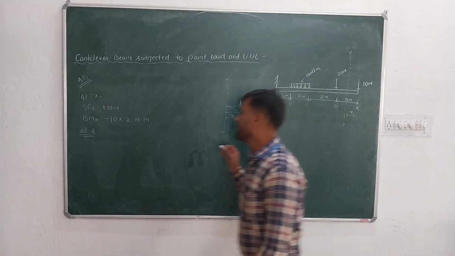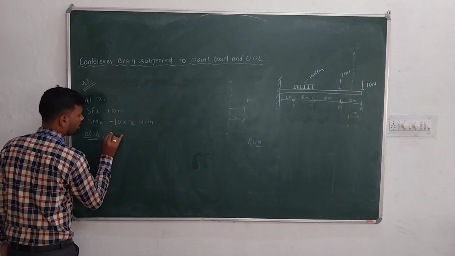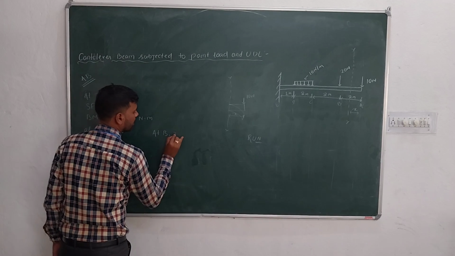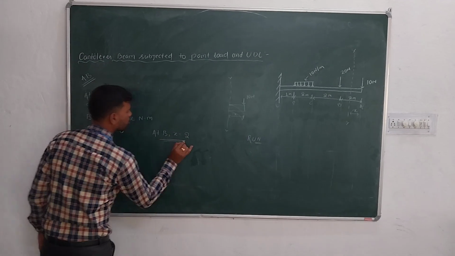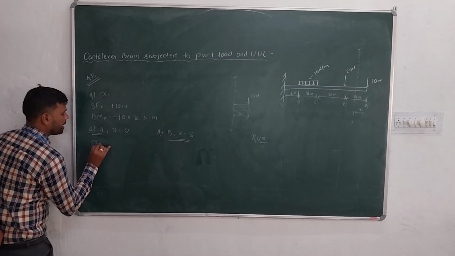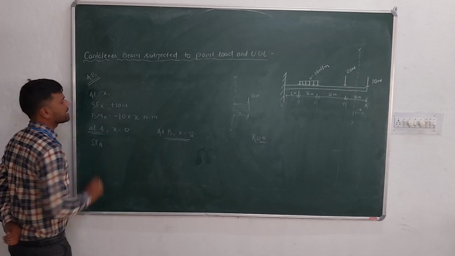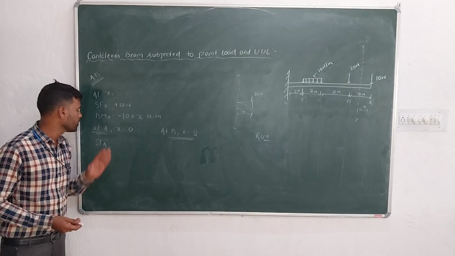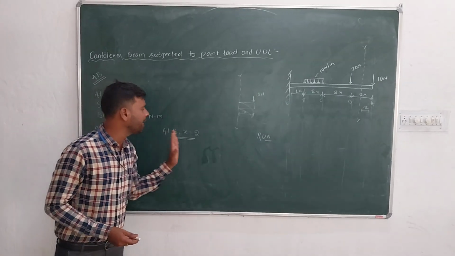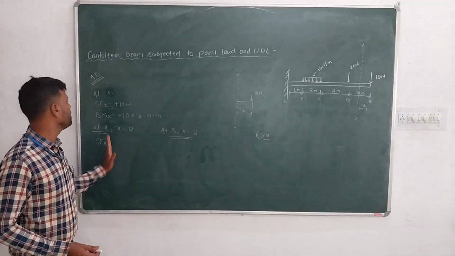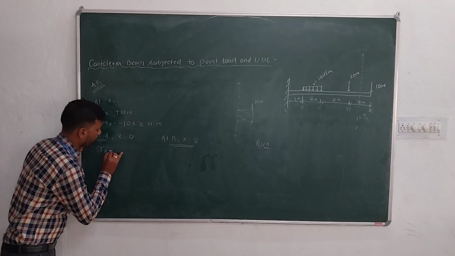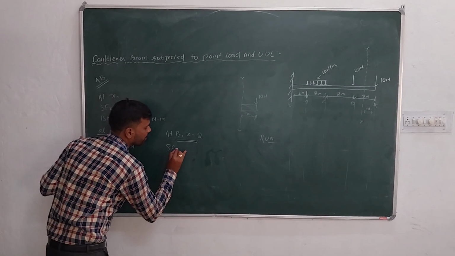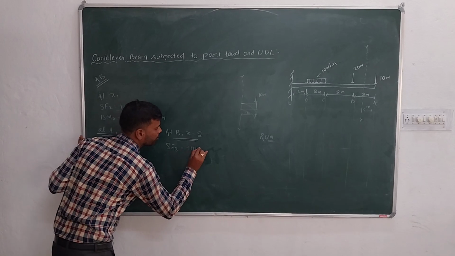So at A, x is equal to 0. At B, x is equal to 2. SF at A: as you can see in the SFX formula, there is no x. That means it is independent of x. So both at A and at B, it will be the same value, that is plus 10 Newton. Here also SF at B is equal to plus 10 Newton.